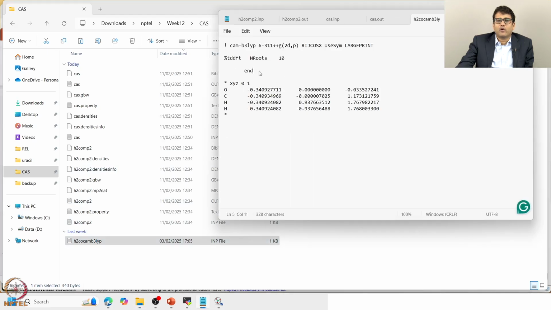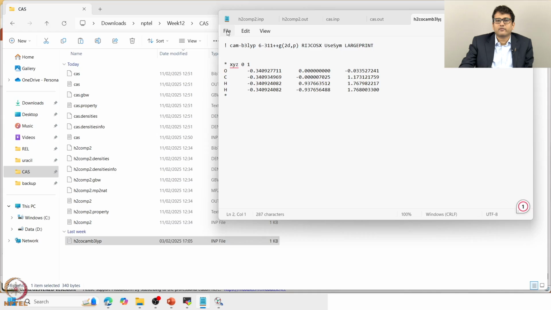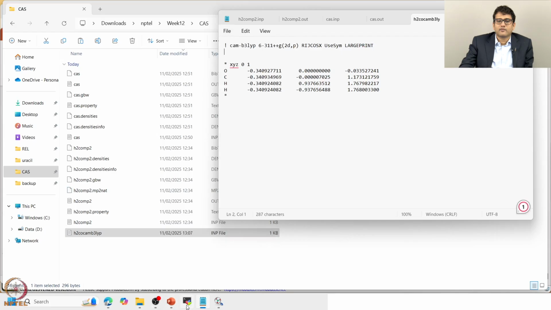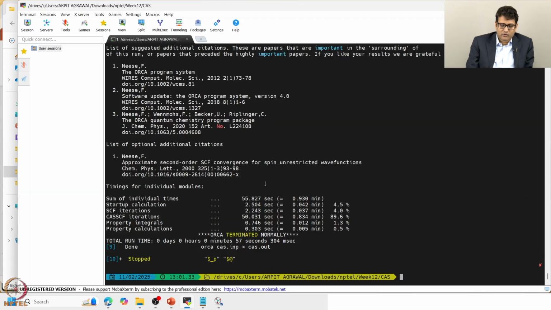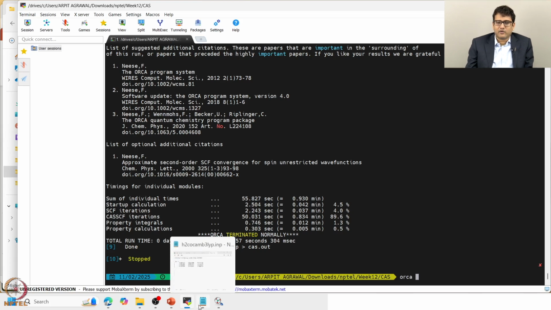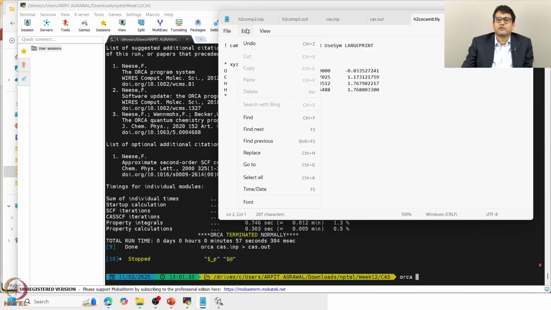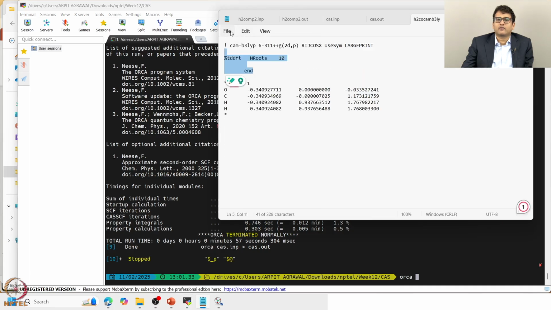I no longer need this TDDFT part, because I just need to start with the initial orbitals. Okay, I could have done the TDDFT calculation just to be sure again. Anyway, it does not take a long time.